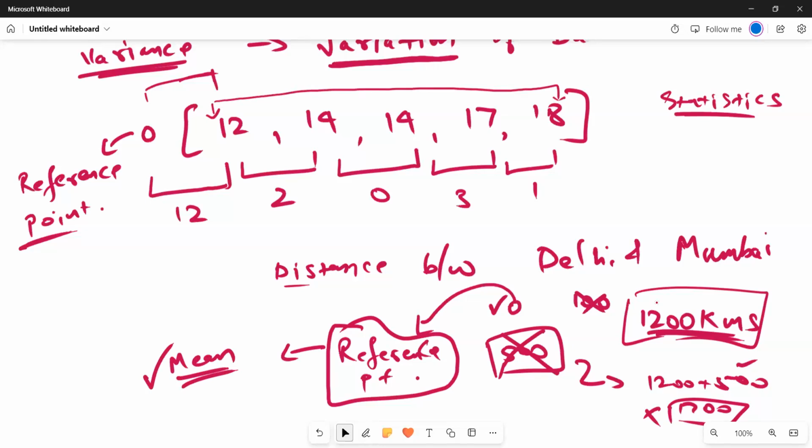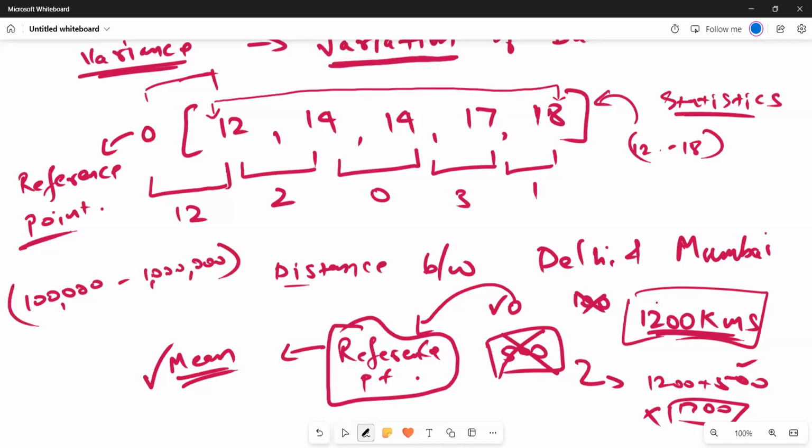Let's say even if my counting is starting from, let's say, 100,000, and the range, which is the maximum minus minimum value, is from 12 to 18 for this particular data set. What if my counting starts from 100,000 and goes up till maybe 100 or maybe 1 million?